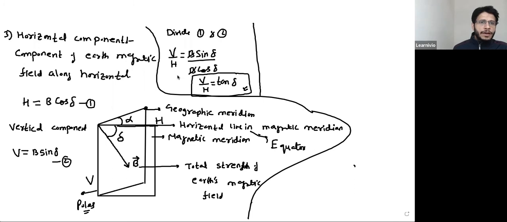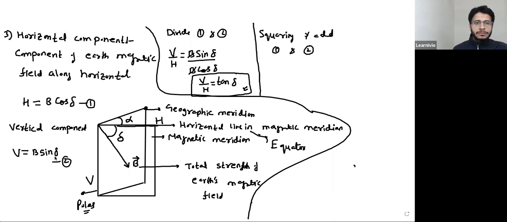Now, squaring and adding 1 and 2. Okay, can you guess what I will get if I square 1 and 2?